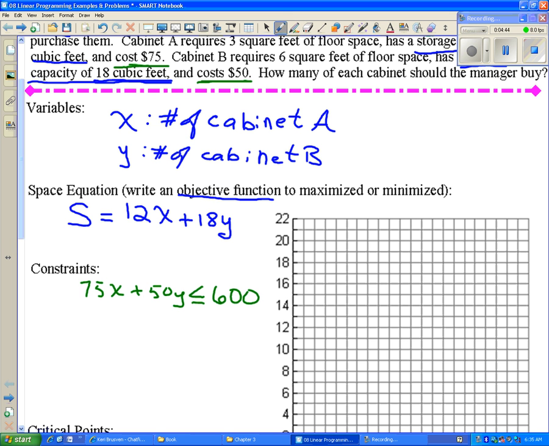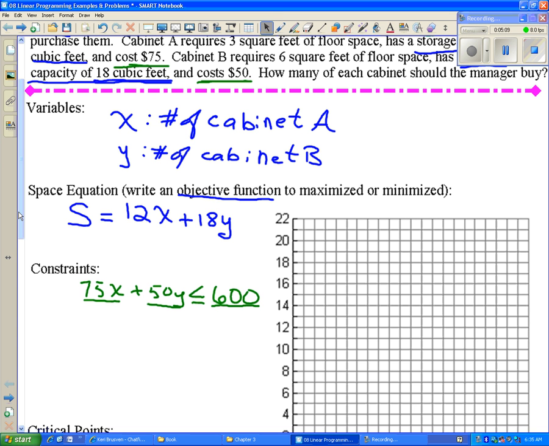So there's my first constraint. I want my $75 times the number of cabinet A plus $50 times the number of cabinet B to be less than or equal to the amount of money I have budgeted. I can't spend more than $600. I know the price of the two types of cabinets, so it has to be less than my budget.